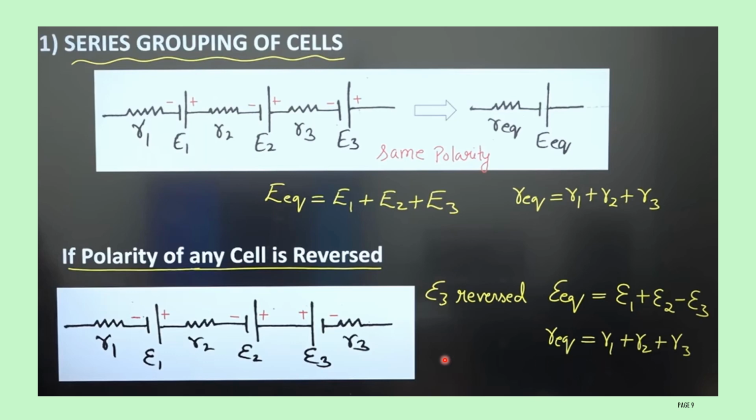One thing you have to remember: the equivalent resistance formula will not change even if you reverse a cell. Only the equivalent EMF will change, and only for the reversed cell do you use a negative sign. This is also very important. These two are very important formulas you have to remember.